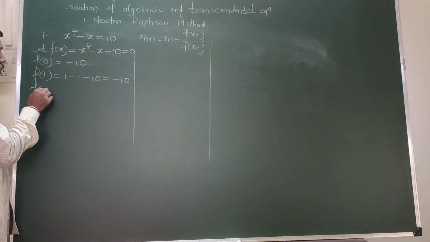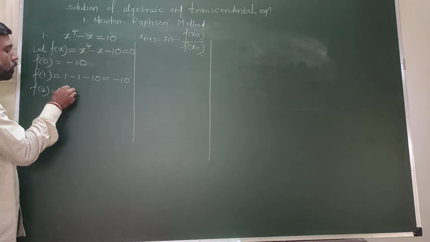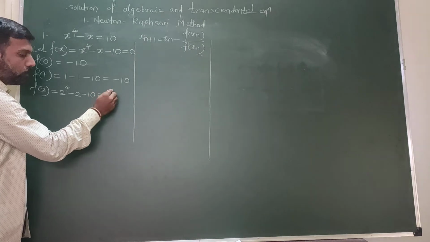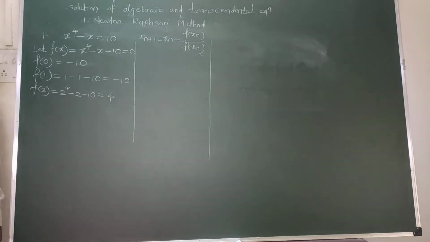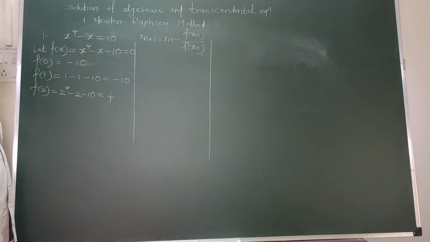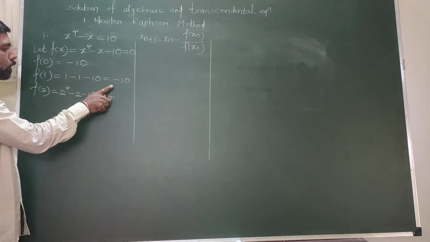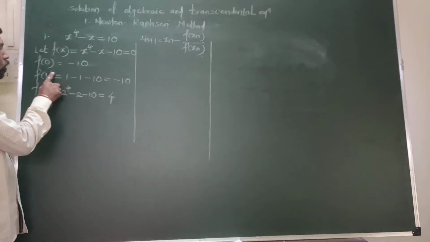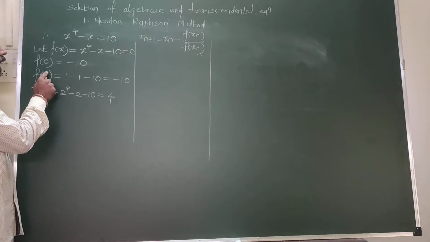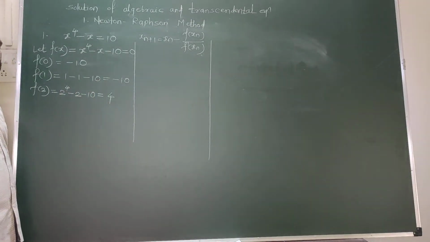Next, f of 2 substituted in this polynomial is equal to 4. We stop this procedure when we get an opposite sign. The first value is negative, the next value is negative, but the third value becomes positive. So for two consecutive numbers, when the sign changes and they become opposite, we stop our procedure.